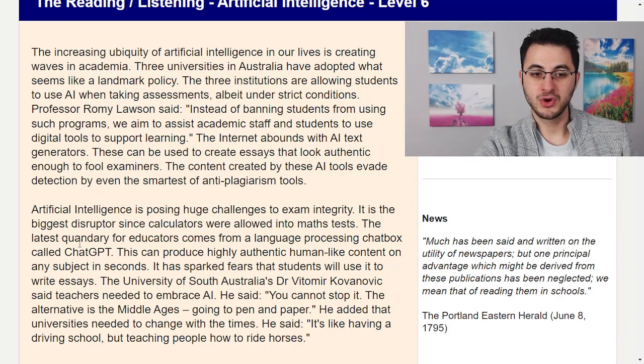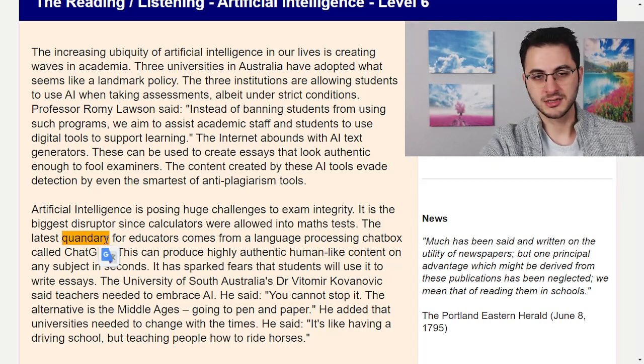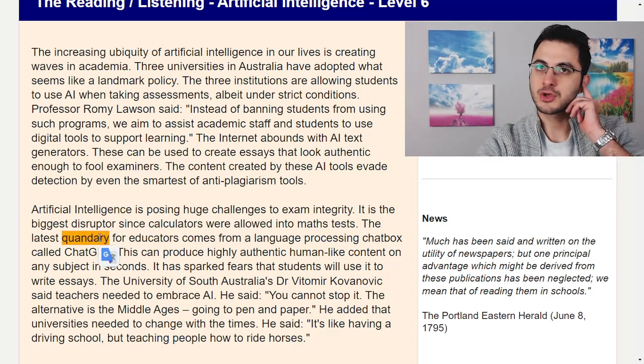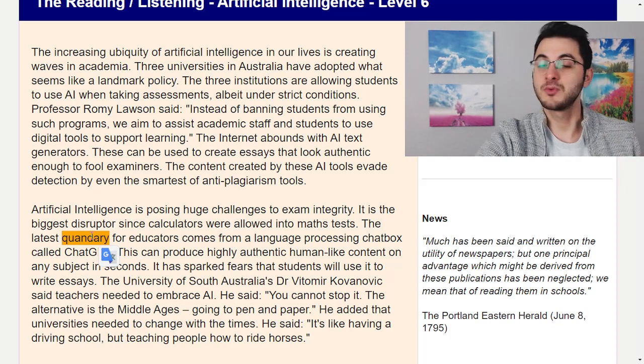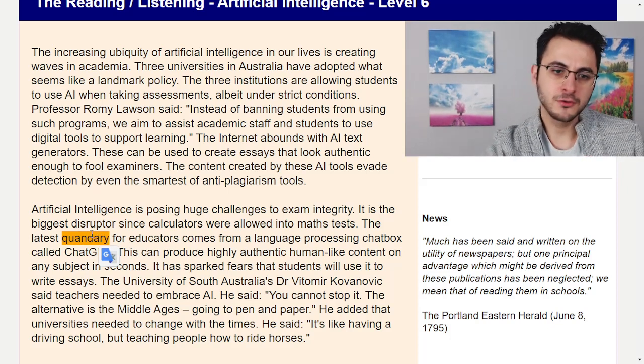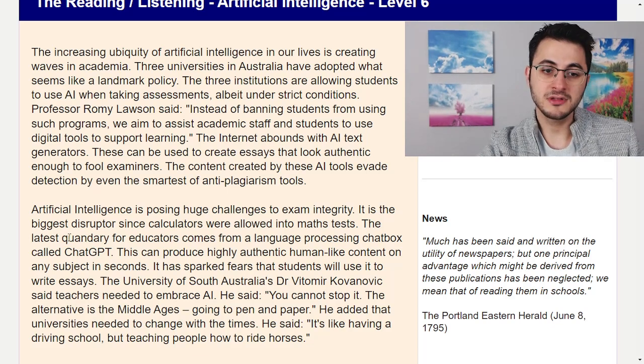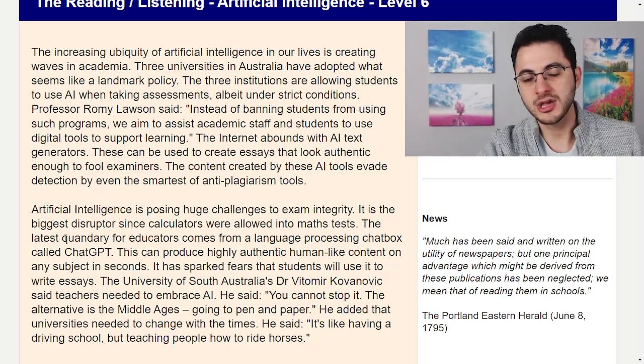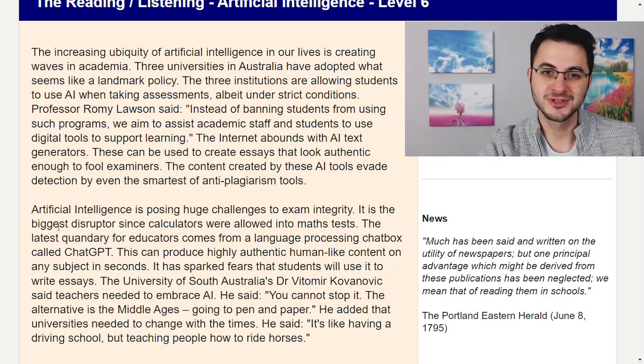So the latest quandary for educators comes from a language processing chatbot called ChatGPT. By the way, if your English level is good, for example, C1, even if you occasionally don't know something, and even if you don't look it up in the dictionary, and you can look it up, it's an opportunity to learn a new word.